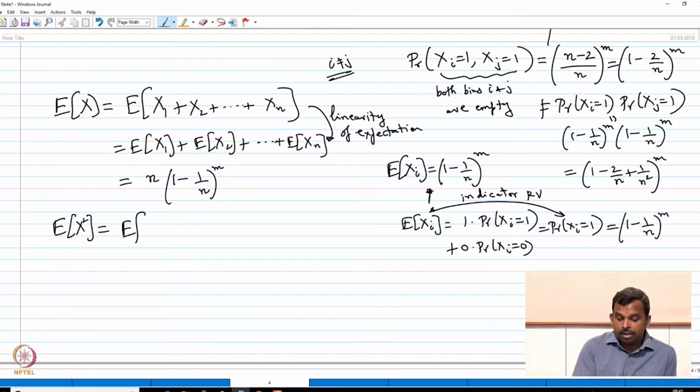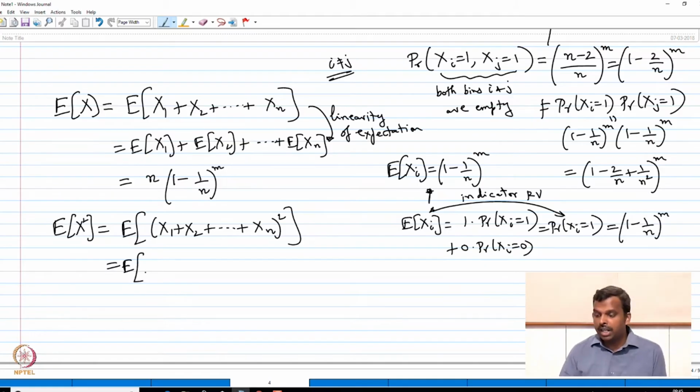So this is the expected value of (x1 plus x2 plus so on till xn) squared. And now you again expand this. I'm going to use linearity of expectation. Even though there's also a dependency, I can use linearity of expectation.